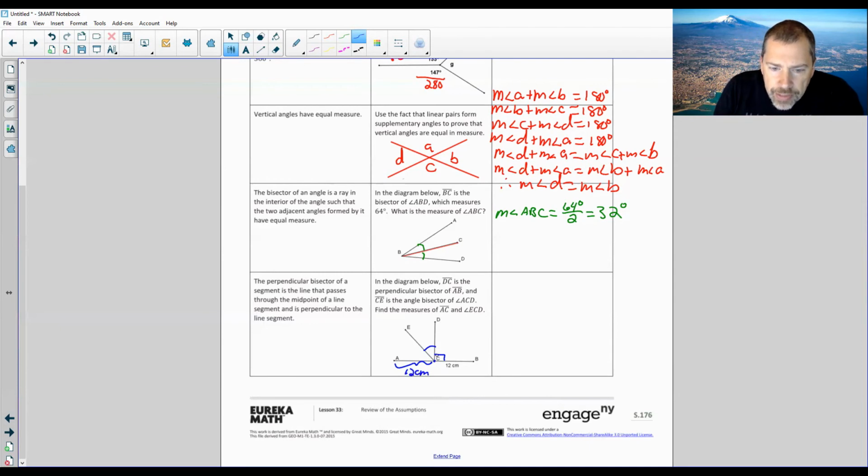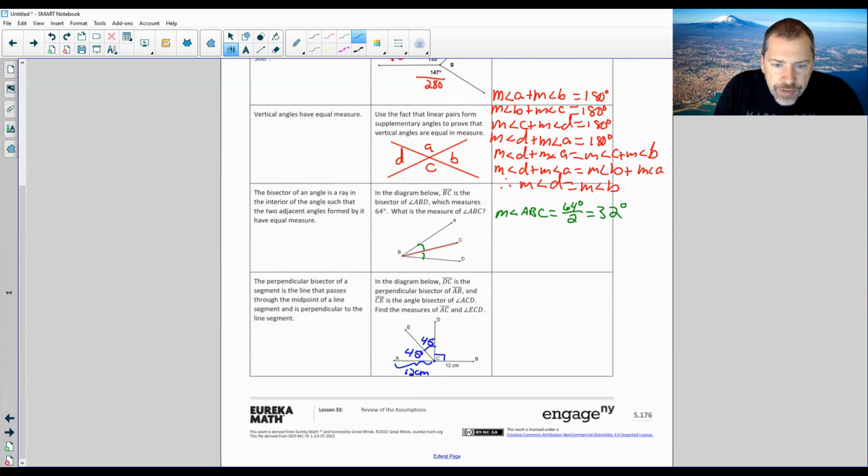And if this is 90 degrees and the sum of the measures of a line is 180, in other words, this angle plus this angle plus this angle equals 180, and this is 90, then this angle plus this angle equals 90. And this is a bisector, so this is 45 degrees because it's half of 90.